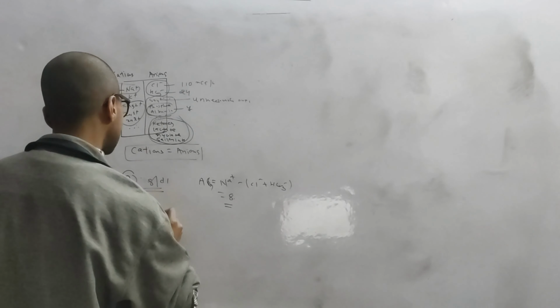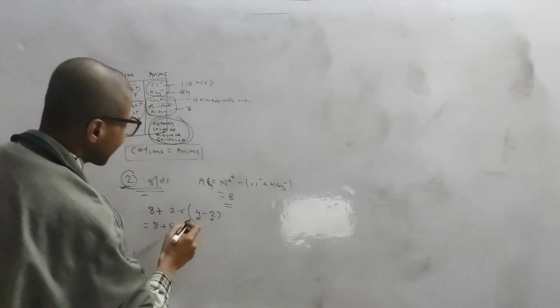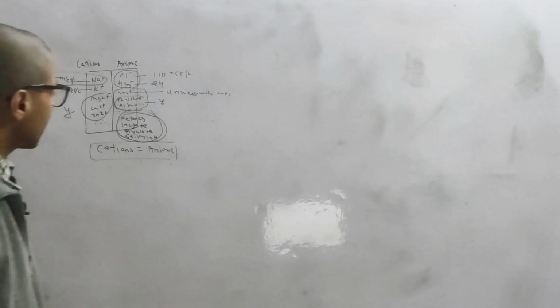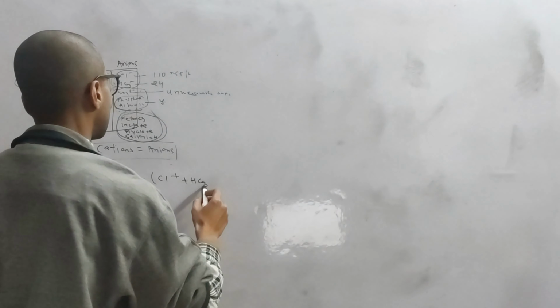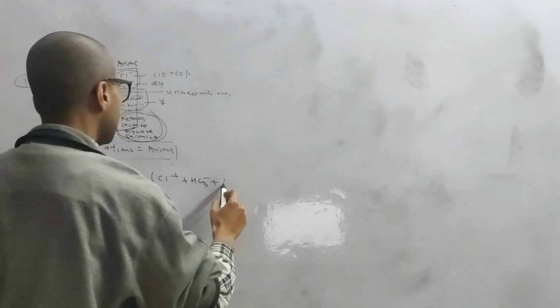Did you understand why I added extra for her? So let's understand this concept of albumin with this equation. Anion gap is equal to sodium minus chloride plus bicarbonate, but this time let's add albumin.